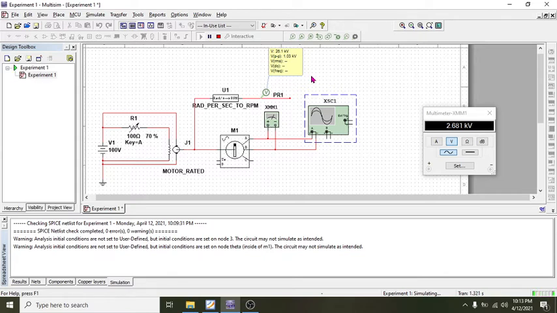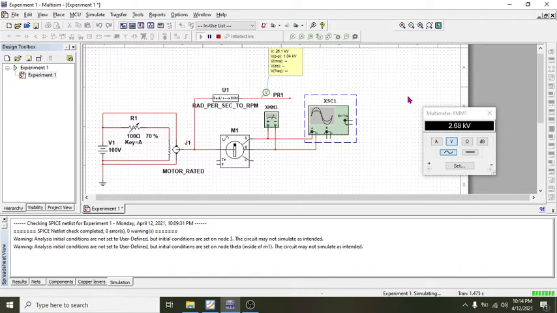We'll just wait until all these values are stable.